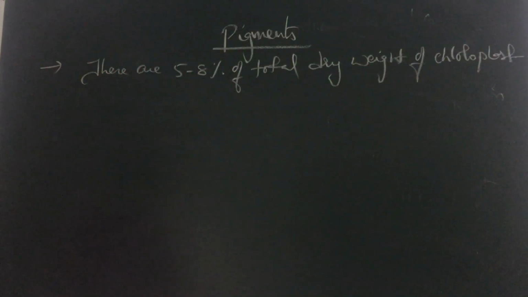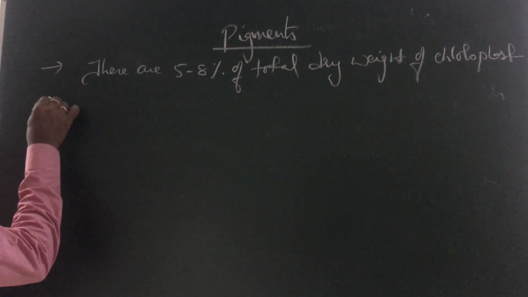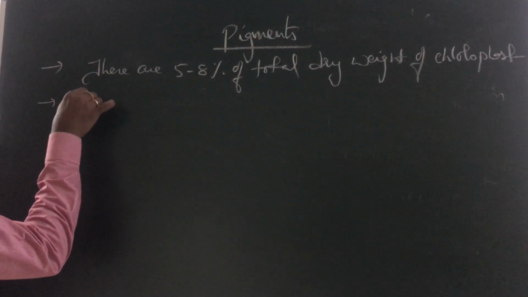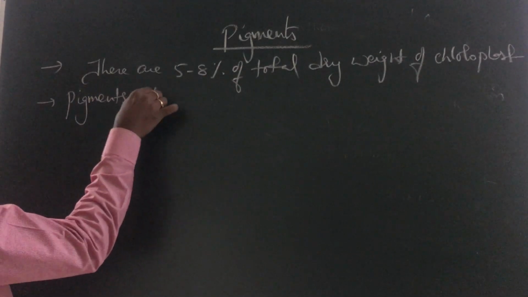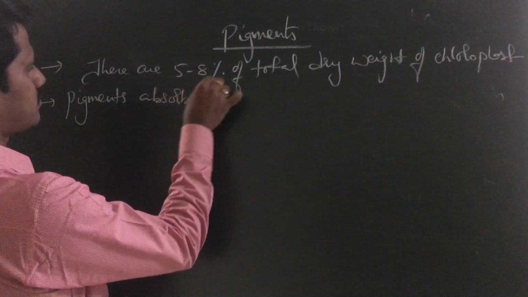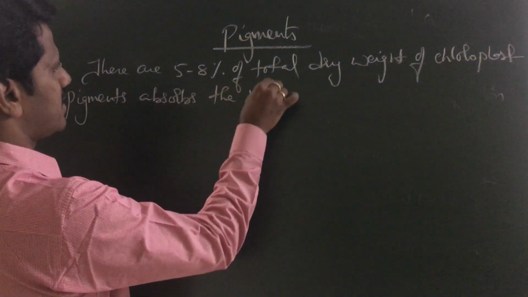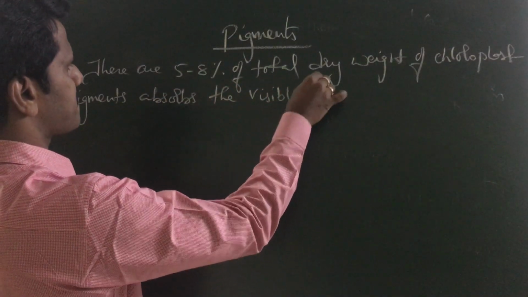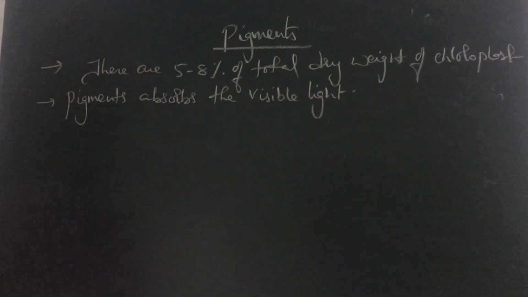So the range is 5 to 8%. These are substances that absorb visible light. Pigments absorb the visible light.